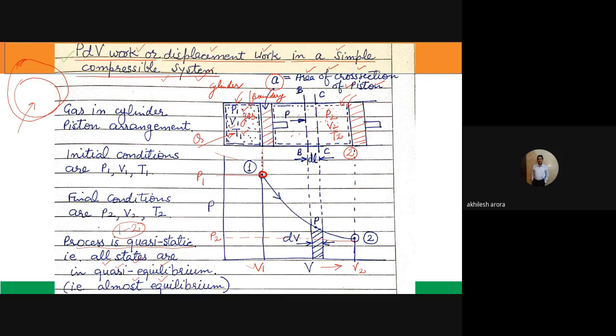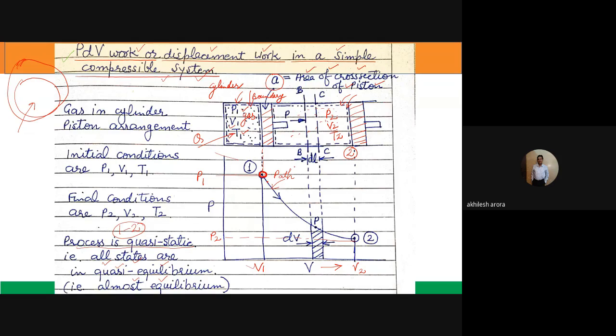When I say quasi-static or quasi-equilibrium, it means I know each and every state. I have told you this particular definition. I know the path through which the piston or the system is passing or through which the gas is going. Okay, so I know the pressure and volume changes at each and every point. Because it's a quasi-static process, it's a very slow process.